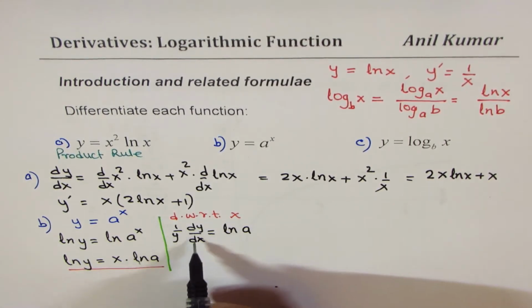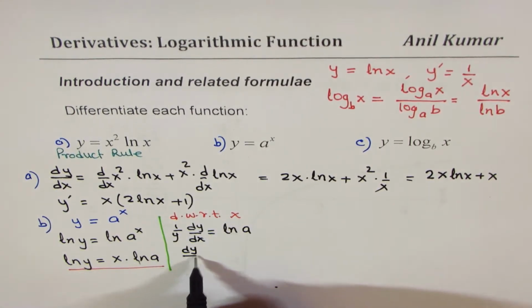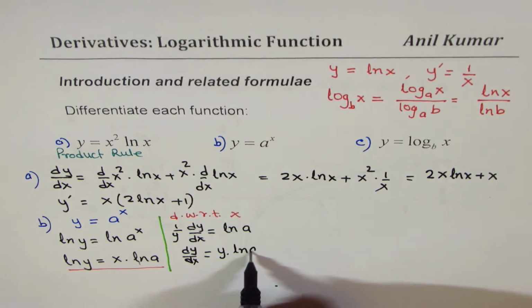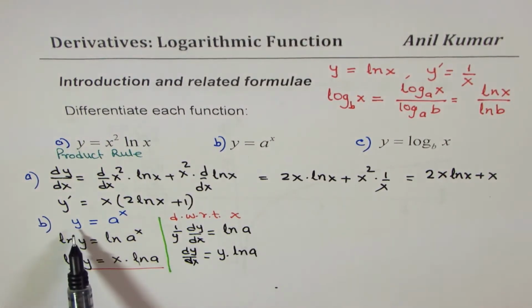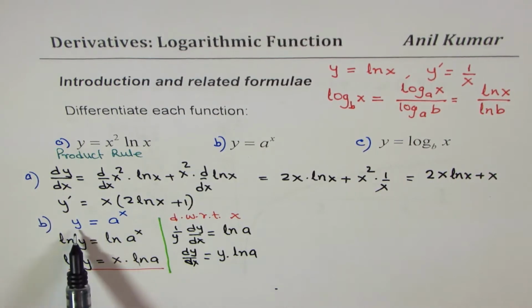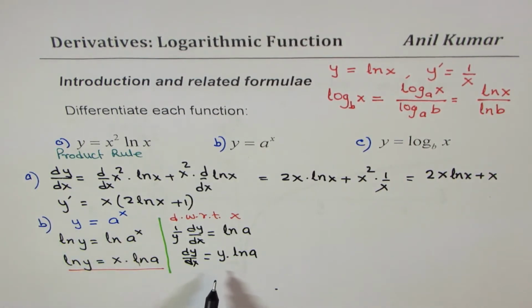So we get the derivative dy dx as y times ln a. Do you see? So if it is y equals a to the power of x, then the derivative is y times ln a. So that is a new derivative which we have learned.